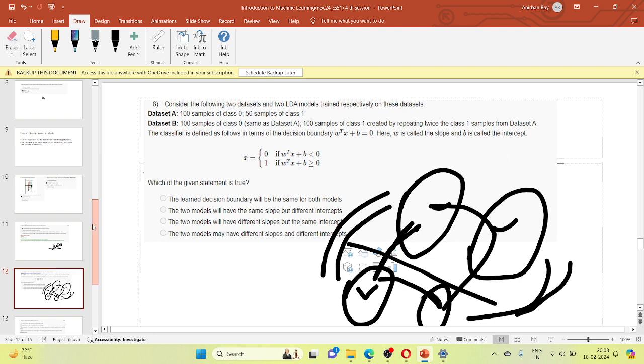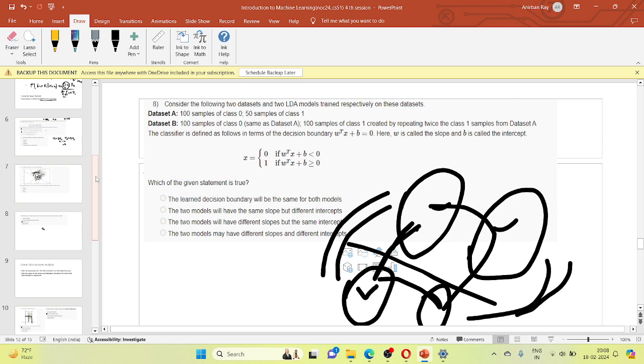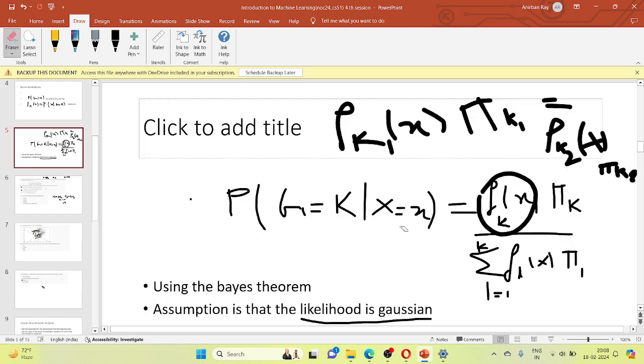So what I mean here is, you know that this will be the ratio of pi_k f(x) and pi_k' f(x) of the other class. That will give the decision boundary. As you see, the ratio of f(x) will be the same in both cases, but the prior can be different.